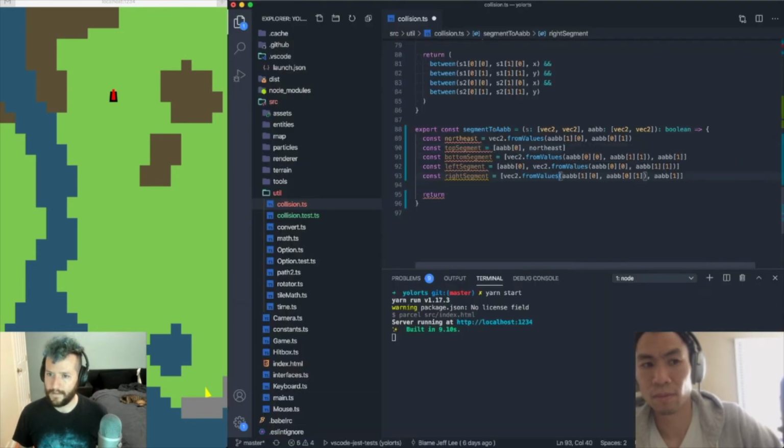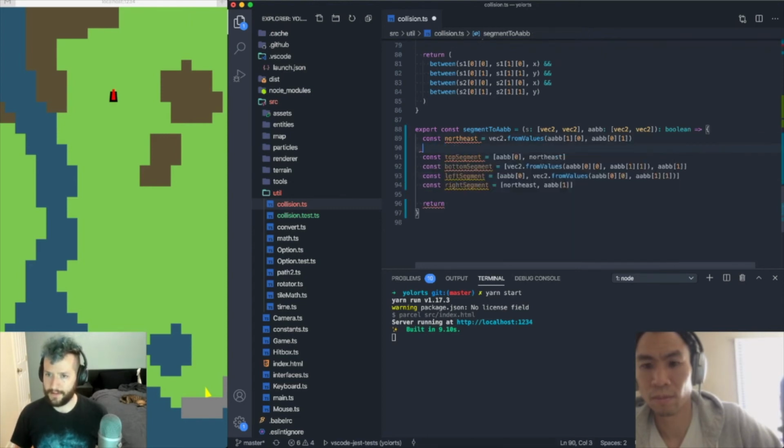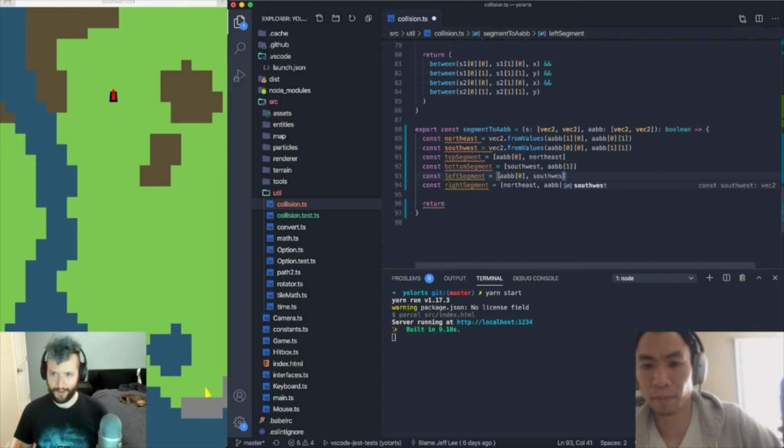And then the right segment also starts in the northeast. And this is southwest. I feel slightly better about that, at least for future readability.